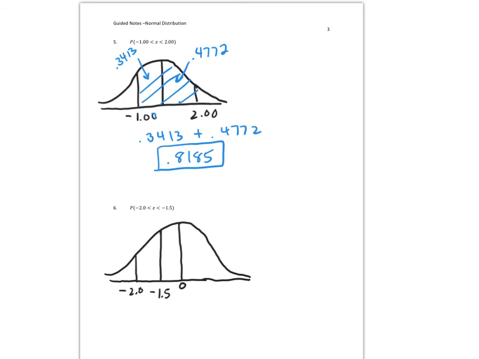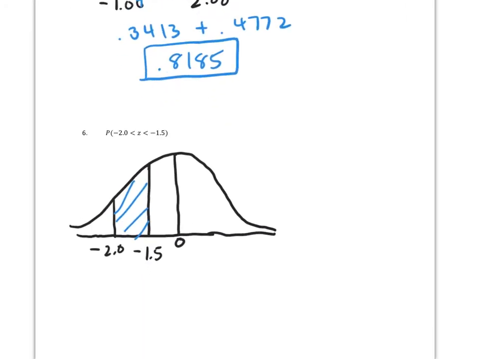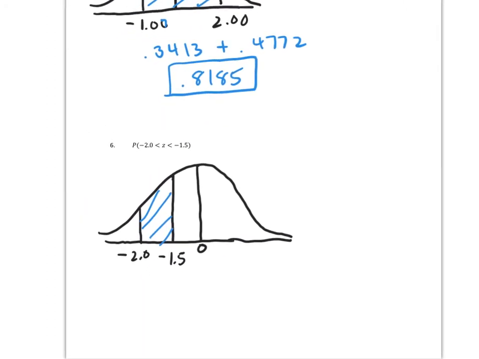So now let's look at this last one. I'm trying to find the z in between here and here. Well, let's look up 2.0. If I look up 2.0, which is the same area as going from 0 to -2, that area there is 0.4772.